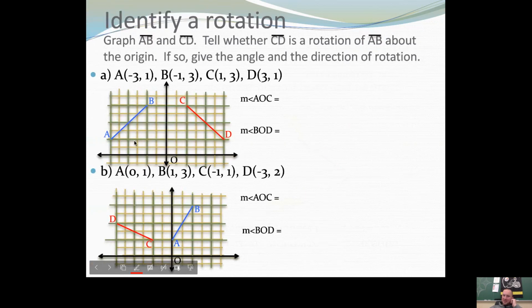And you might see a couple examples like this on your assignment. They give you this segment AB and this segment CD, and you want to know if segment CD is a rotation of segment AB about the origin. So what you would do is measure this angle AOC.